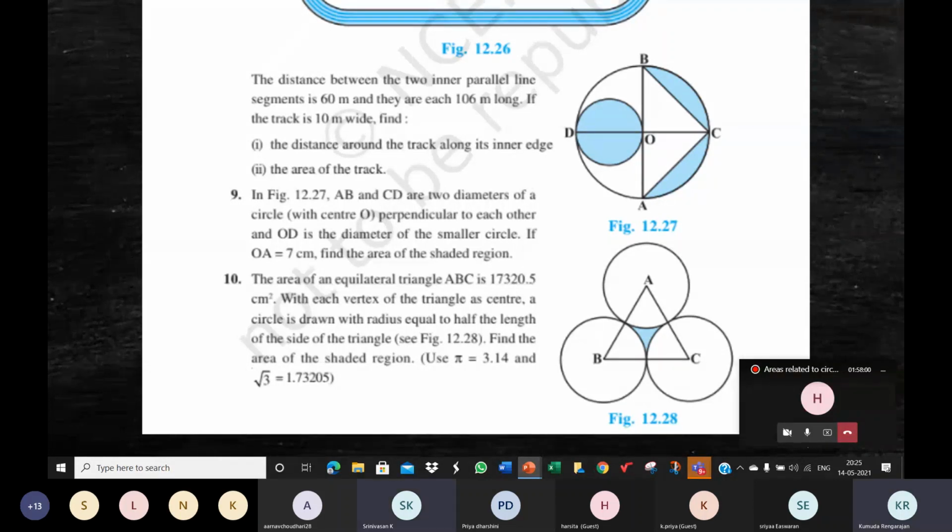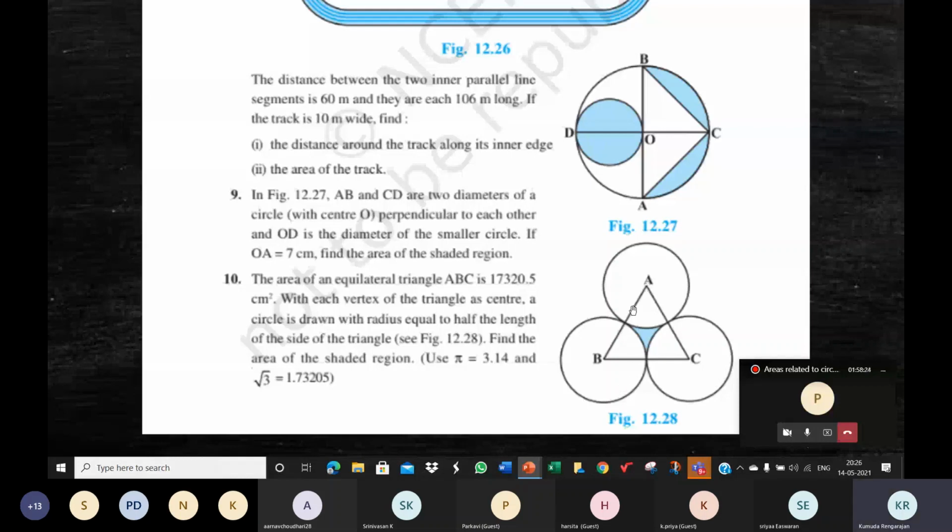Ma'am, area of the triangle plus area of the three major sectors. Yeah, what is the angle in each major sector? 300, ma'am. Correct, 300.